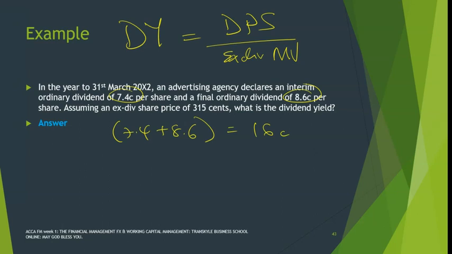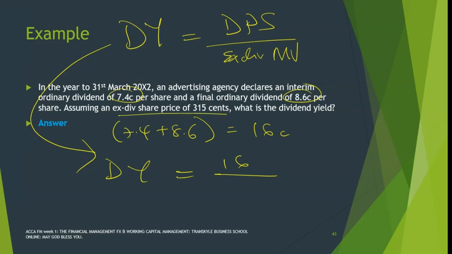Therefore, the dividend yield is equal to DPS, that is 16 cents, over the ex-div market price of the share, multiplied by 100, and we get 5.1%.